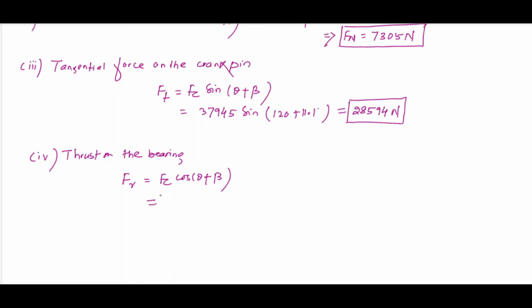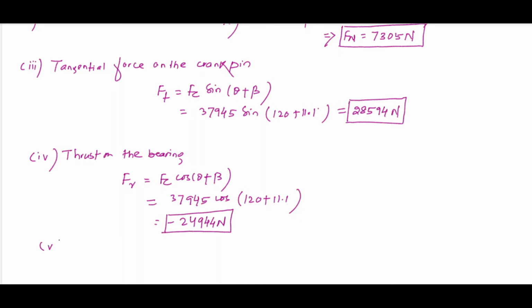So this Fc is 37945 cos your theta is 120 plus beta is 11.1. So it will be minus 24944 Newton.